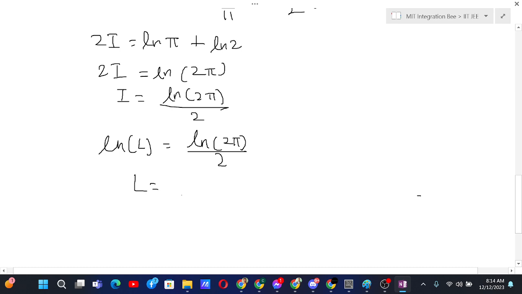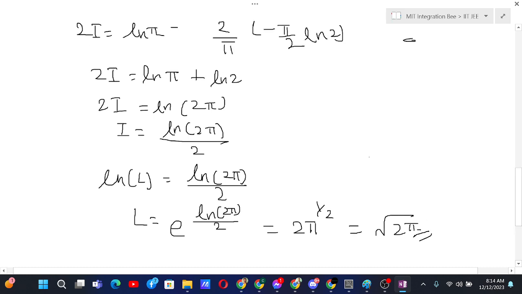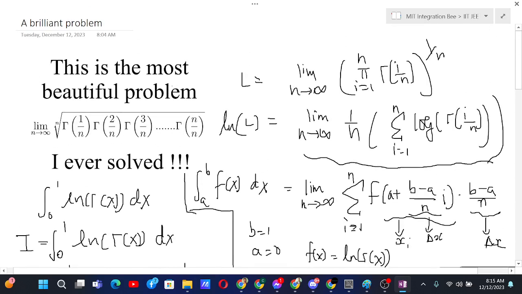So the limit will be equal to e to the power ln 2 pi by 2, and this will be e to the power ln, where 2 pi cancels out and 1 by 2 stays as it is. So this limit is actually equal to root 2 pi. Yeah, this limit will be equal to root under 2 pi. Yeah, that's a beautiful answer.